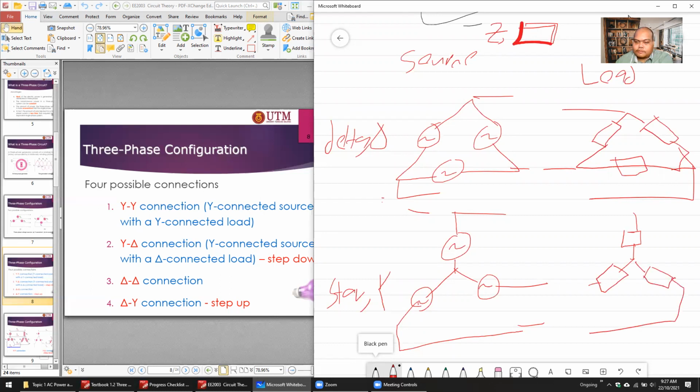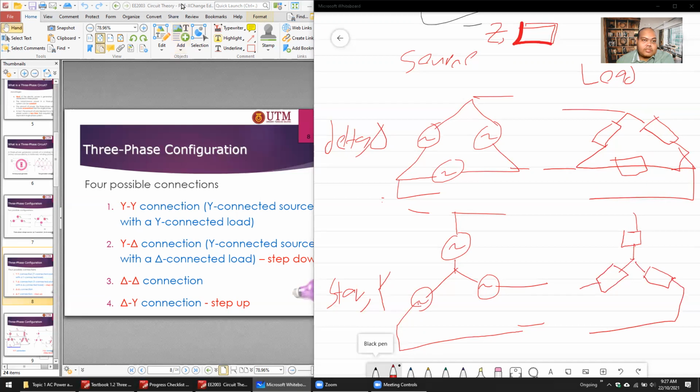So this is the load. You can see here that you can have a delta source or star source, and a delta load or star load. So these are the possible conditions here.